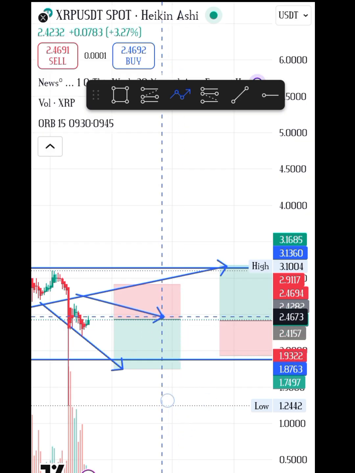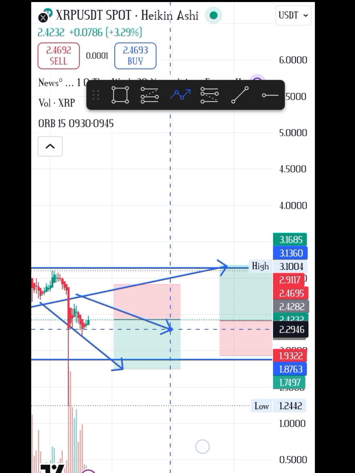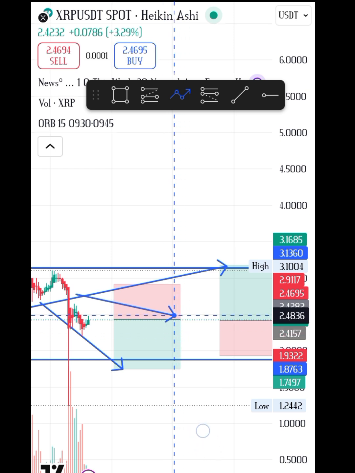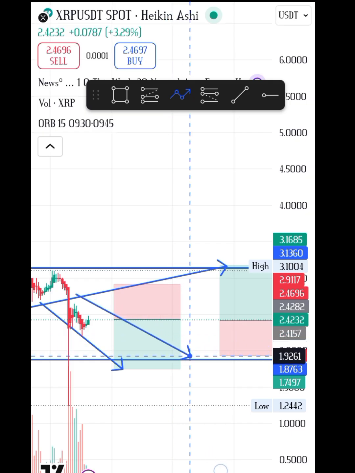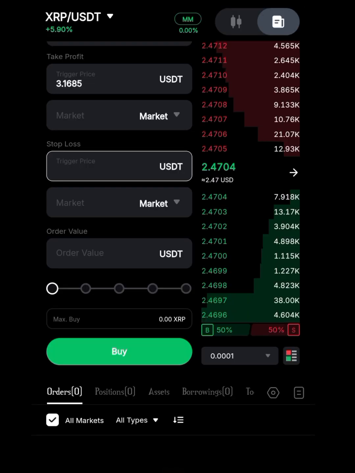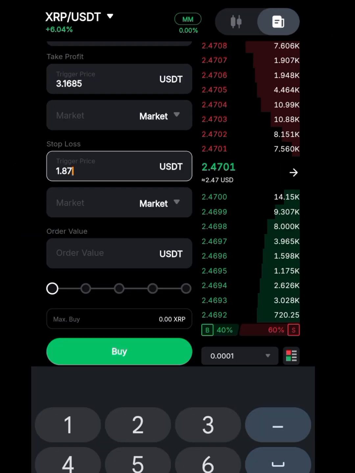If price is currently at 2.41 and it fails, our trade didn't work, and it falls to this point, which is 1.87, it will notify me, so I'll make a decision either to sell off at 1.87.